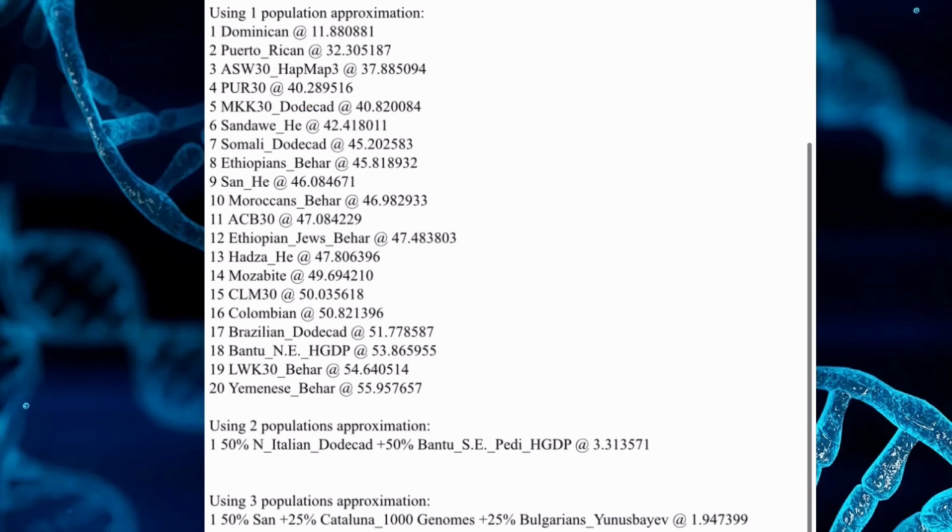So then at the bottom, the two population approximation is the equivalent of if I had one parent from one place and another from another, what would my genetics look like? And according to them, I would most closely resemble someone who is 50% North Italian and 50% Bantu, Bantu being West African.